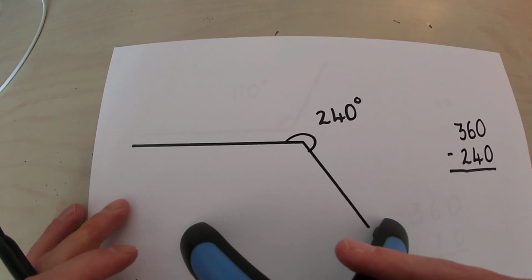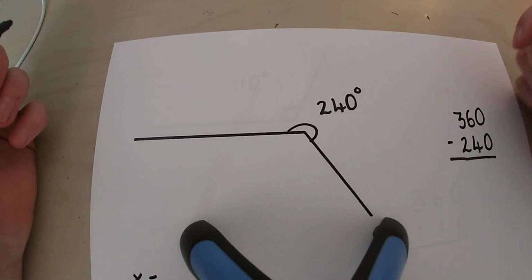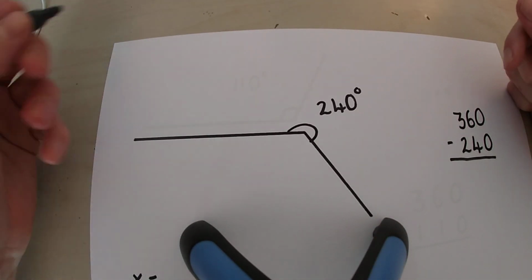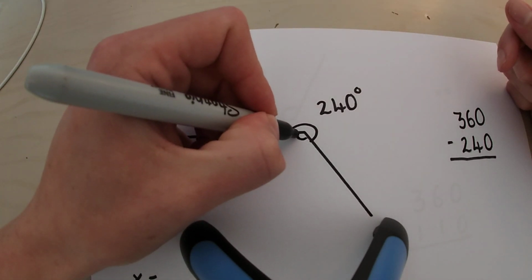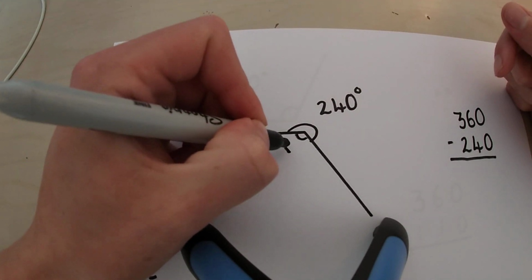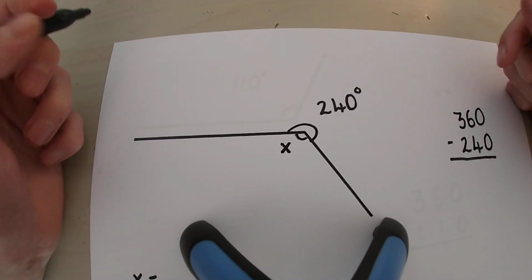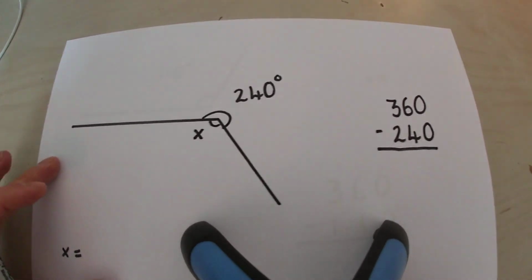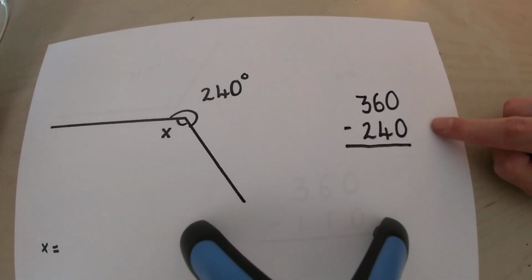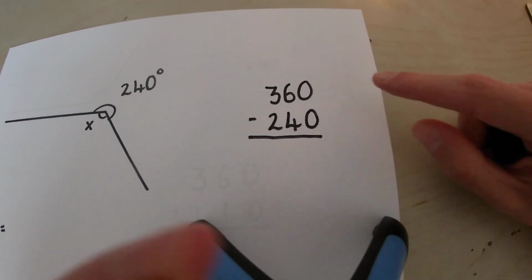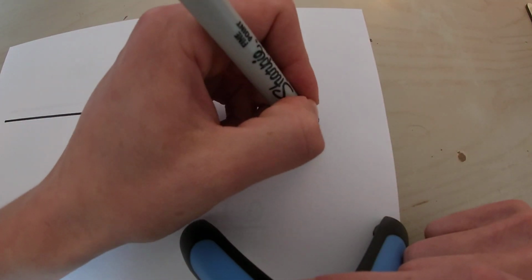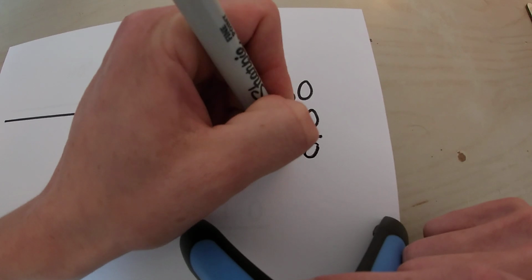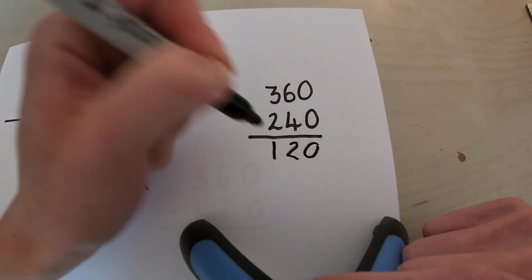We have got one known angle of 240 degrees, and we are trying to work out what this missing angle is. So we're going to call it X because it is our unknown. So we have our 360 degrees. We know that one part of that is 240, and we need to calculate to find the missing angle. So let's do some subtraction. 360 take away 240: 0, 2, 1.